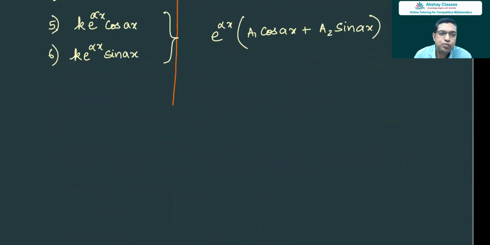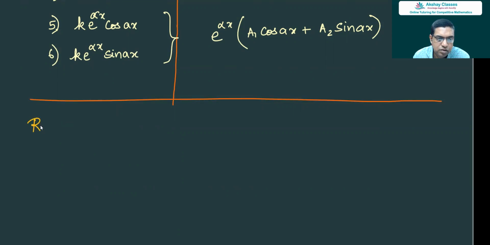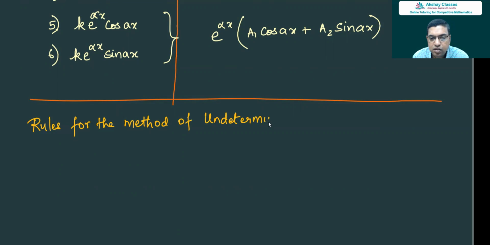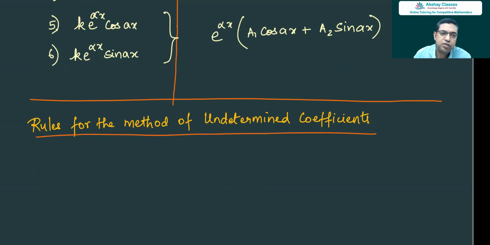Now, how to do this? What is the method? So, rules for the method of undetermined coefficients. Now, this has three rules. First one is called the basic rule.